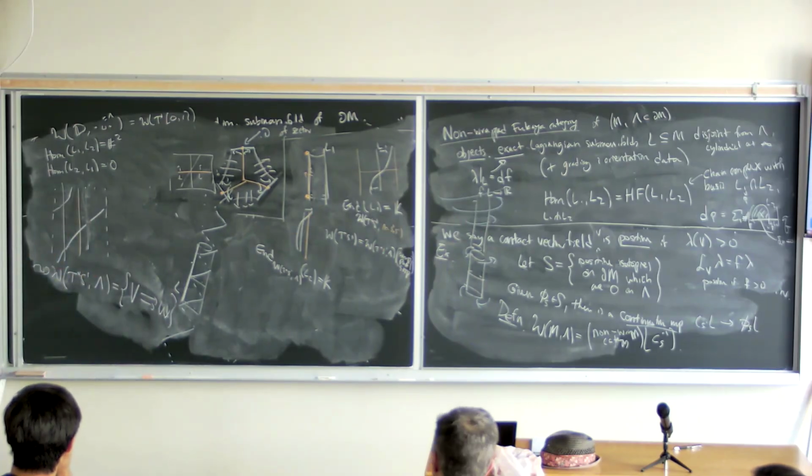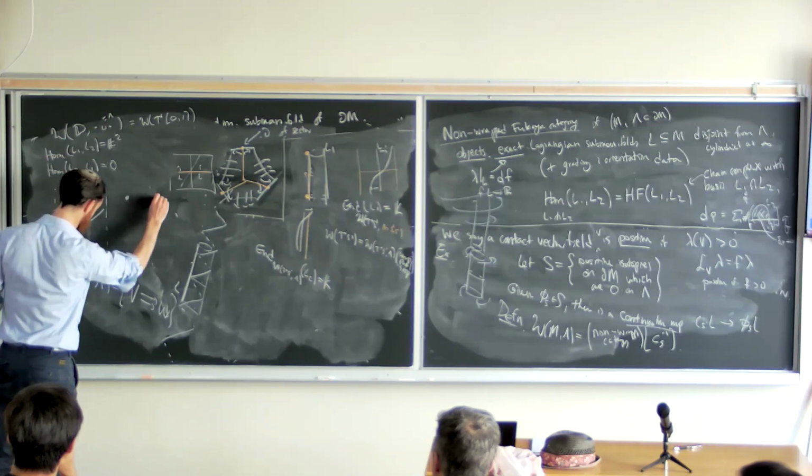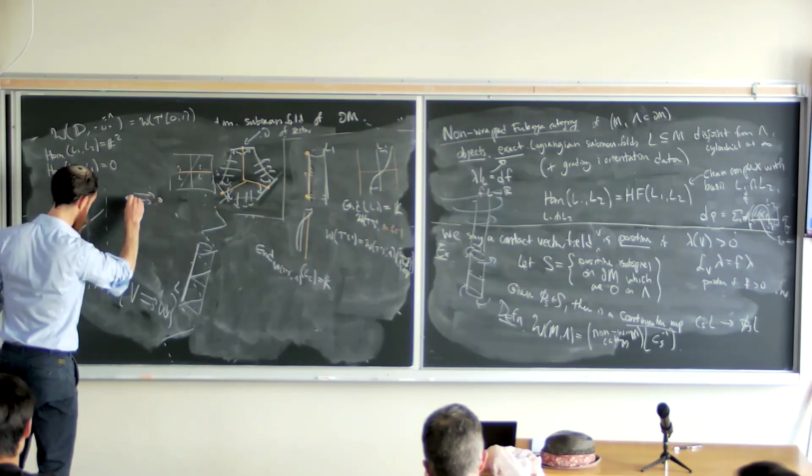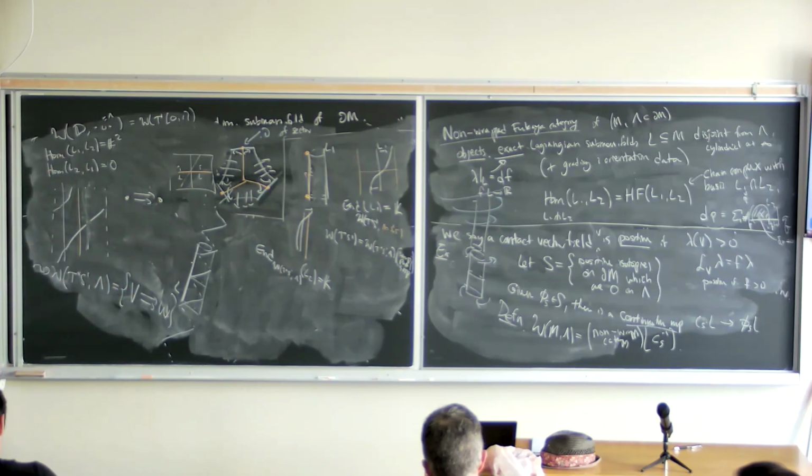I claimed this category is generated by these two objects, and the Homs between them are governed by this quiver: each one of them has a one-dimensional space of Homs to itself, just scalar multiples of the identity, and then there's a two-dimensional space of Homs from one to another.